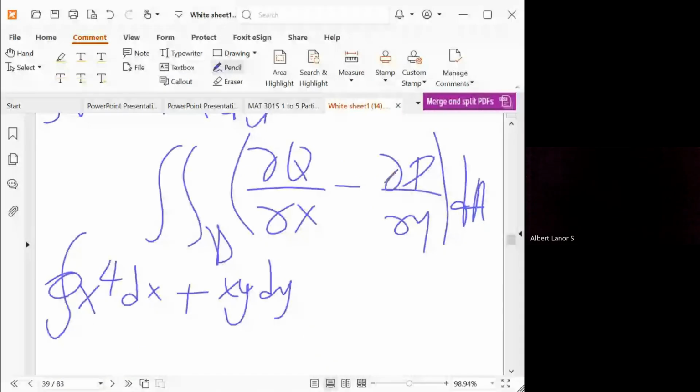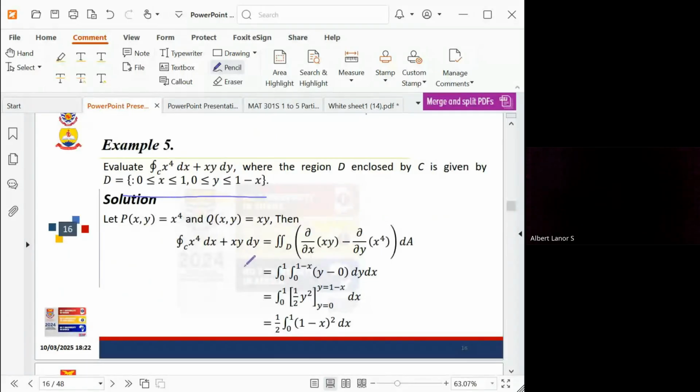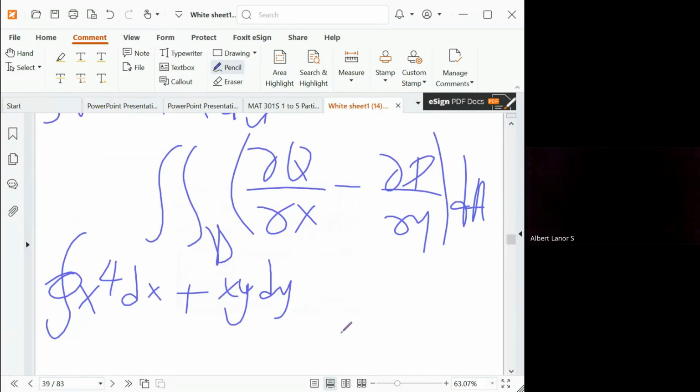So let's progress with the Green's theorem. Now, the Green's theorem says that if we are integrating over a closed region a function P dx plus Q dy, you differentiate the Q with respect to x minus the P with respect to y. So first, what is our Q? It's xy.